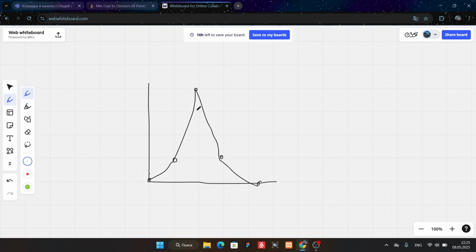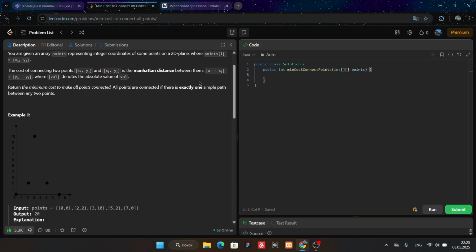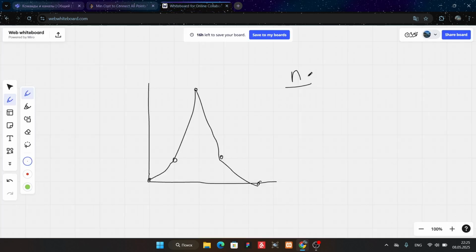When we create edges, we have to know that n is the number of nodes, and the number of edges has to be n minus one, because to connect 5 nodes, we need only 4 edges.